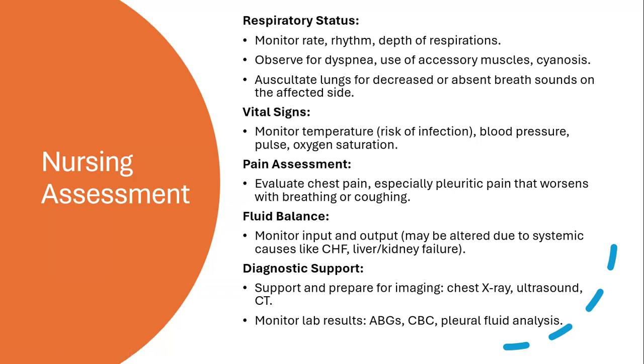We may need to auscultate the lungs to hear decreased or absent breath sounds on the affected side of the pleural effusion. We also need to monitor the vital signs continuously, especially the temperature for the risk of infection, to see the blood pressure, pulse, and also the oxygen saturation. The next one, we need to assess the pain.